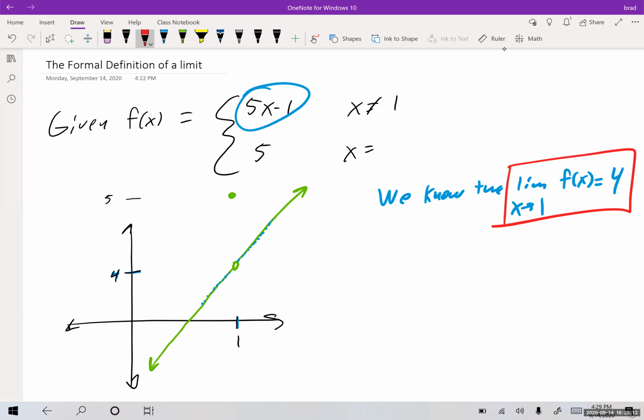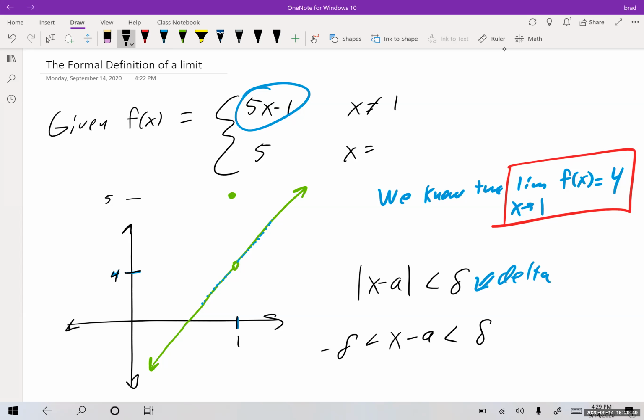And always keep in mind too, if you want to talk about a distance, I don't really care if you're above or below. I just want to know how far away. So a lot of times we'll use absolute values. So some kind of ideas that we want to keep in mind from limits is the absolute value of x minus a is less than delta. So this is the symbol for delta. If I want to talk about this absolute value, I could rewrite this absolute value as negative delta less than x minus a less than delta.